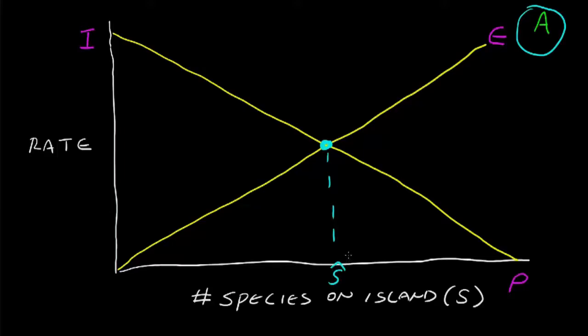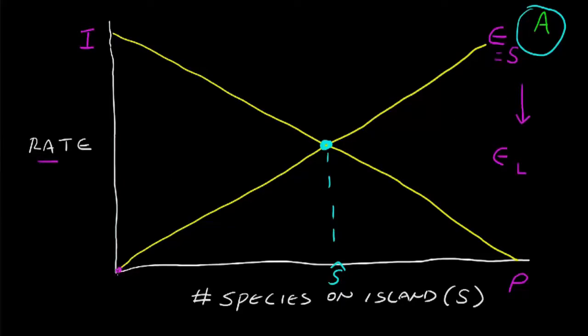So if we incorporate this area effect, again we're assuming that extinction rates will be much lower on larger islands relative to smaller islands. So if this was our small island up here, we would expect extinction rates for larger islands to be lower. So they would be lower in terms of rate.